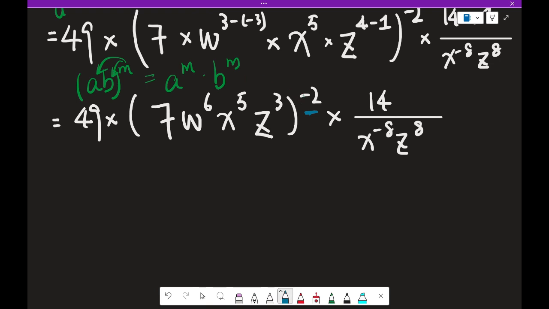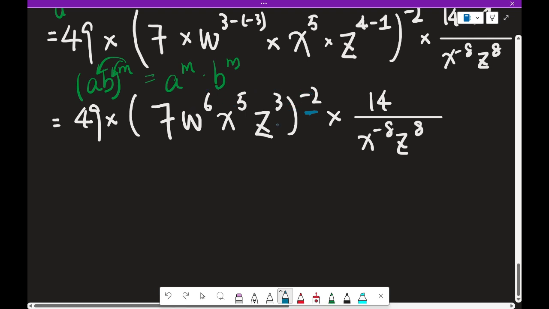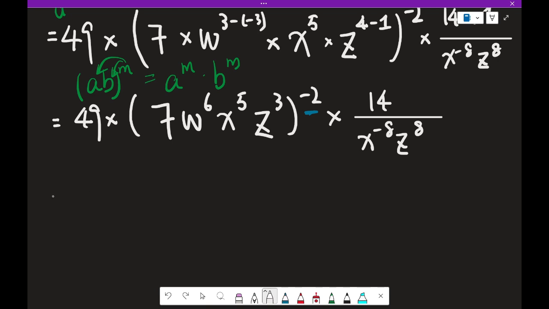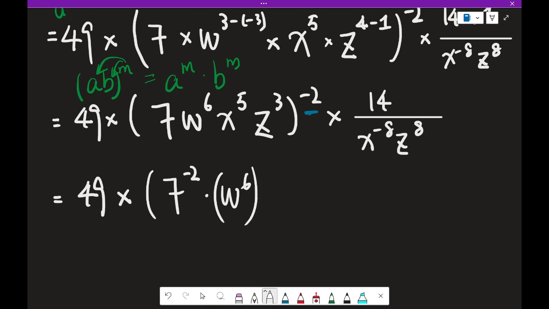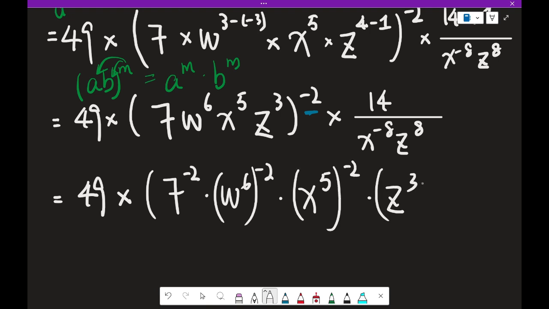We can distribute this negative 2 to 7, to w to the power of 6, to x to the power of 5, and to z to the power of 3, respectively. So it would become 49 times 7 to the power of negative 2, times w to the power of 6 to the power of negative 2, times x to the power of 5 to the power of negative 2, times z to the power of 3 to the power of negative 2, and times the same thing over here.